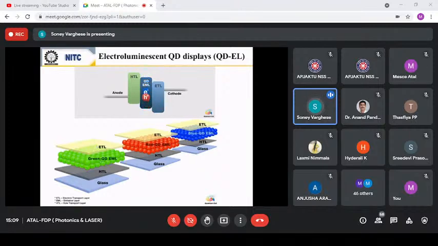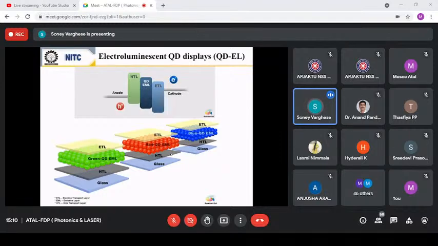So the active material is a quantum dot material, and this is how it happens. So you have red, green, and blue, different colors. Then light can be produced, right? So this will maybe be the future technology. The idea is that this can give you original colors, so your light which is produced from each pixel.